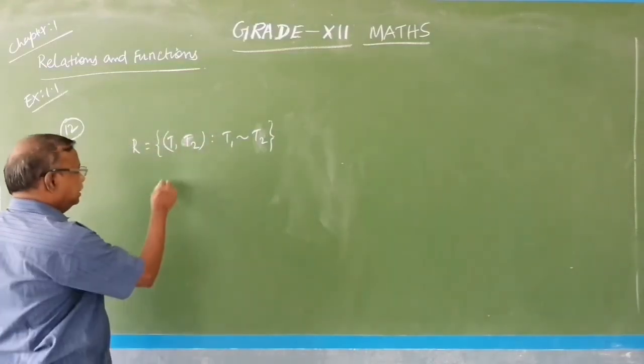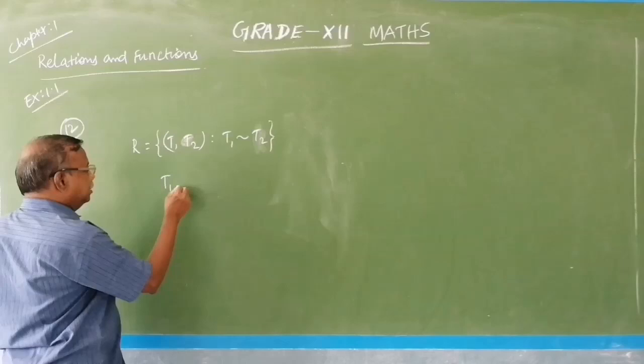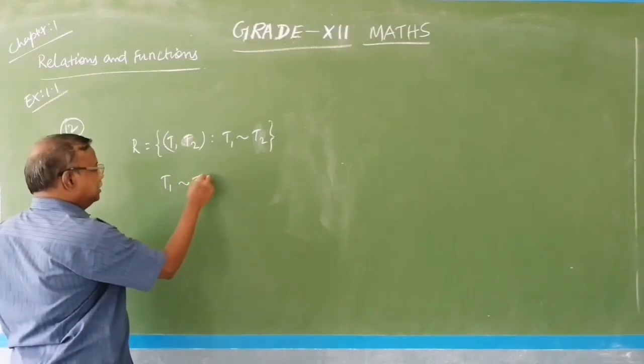We know that a triangle is similar to itself.